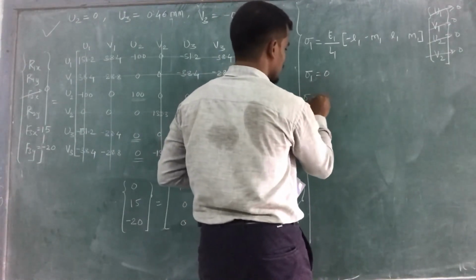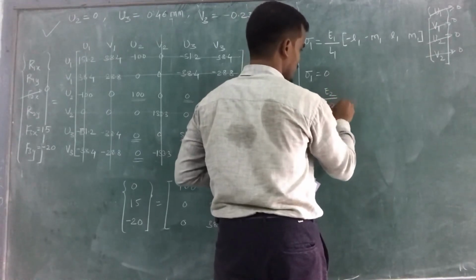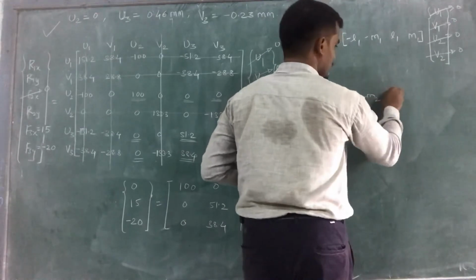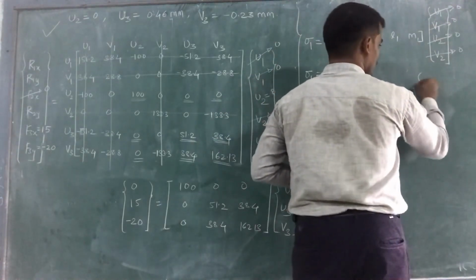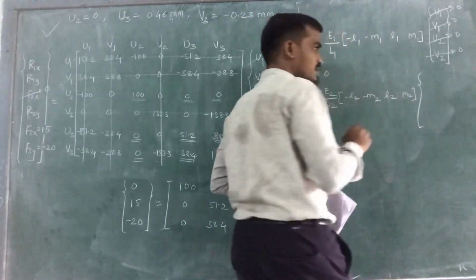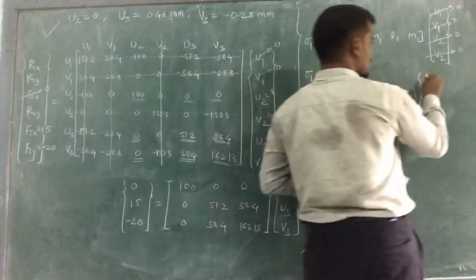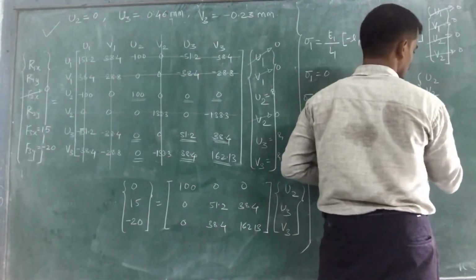Next, sigma 2. The formula will become E2 by L2 into minus L2 minus M2 L2 M2, into the displacements. The connectivity of the second element is between node 2 and node 3, so it is U2 V2 U3 V3.